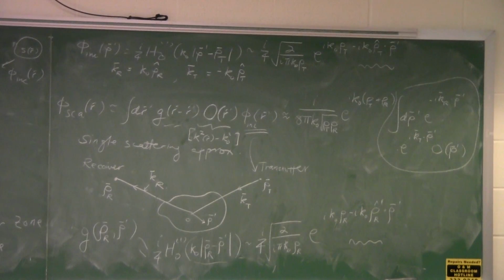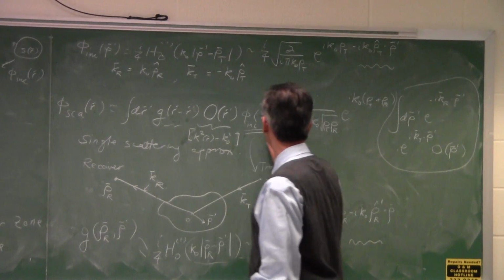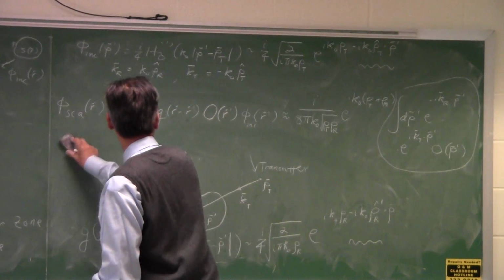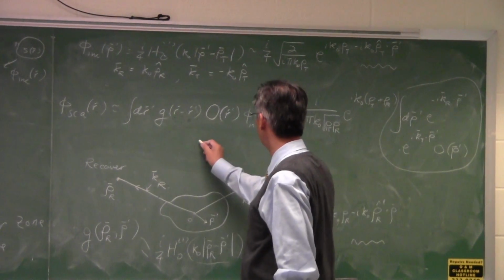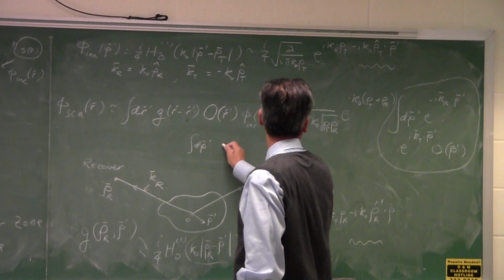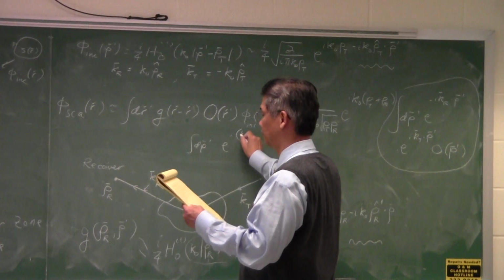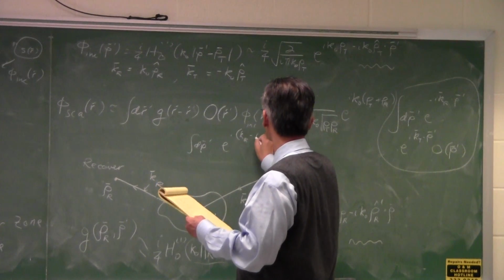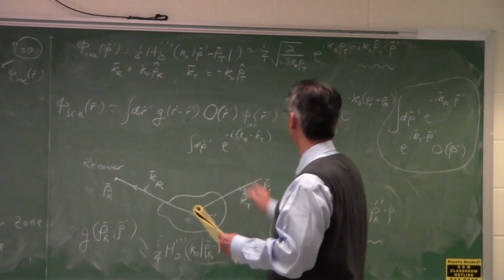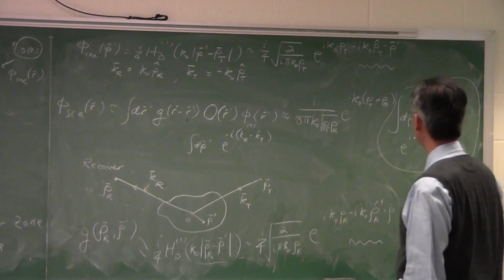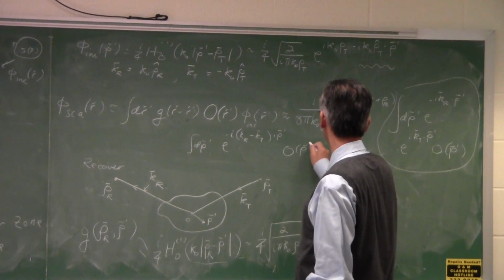It becomes very simple, and if you notice that this is just a Fourier transform, because I can rewrite this as just being equal to the integral of rho prime e to the I, let me see what I call it, KR minus KT dot with rho prime, over rho prime.